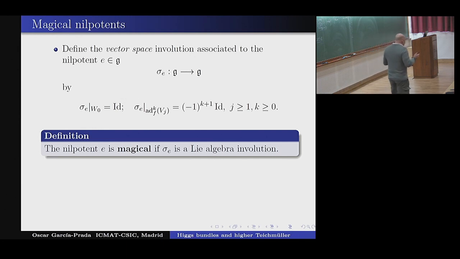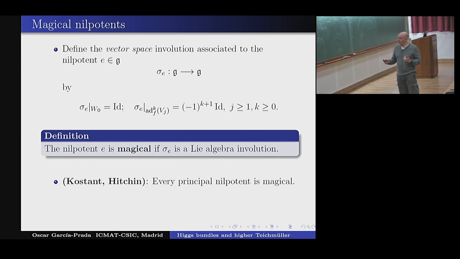When we were working on this problem, this was not our perspective. We were working from another, equivalent point of view, about pre-homogeneous vector spaces. But we came back to the paper of Hitchin on the symplectic case, and this is how he showed a result that you can attribute to Kostant, that every principal nilpotent is magical.